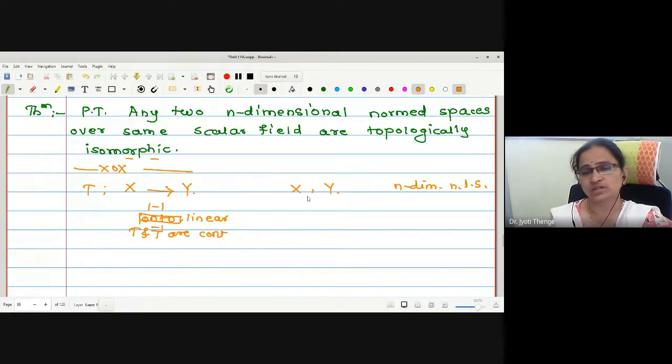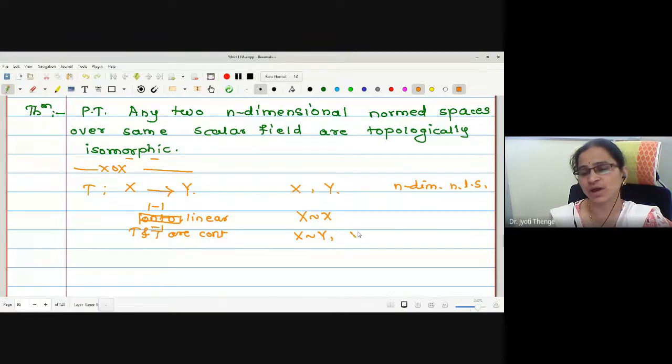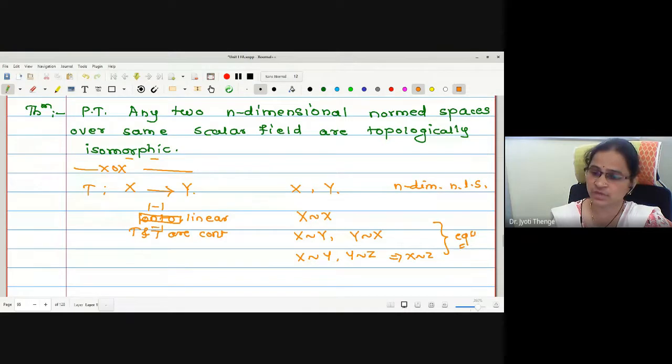what is an equivalence relation? Topological isomorphism: may I say every space is topologically isomorphic with itself? Yes. X topologically isomorphic with Y implies Y topologically isomorphic with X. X topologically isomorphic with Y and Y topologically isomorphic with Z implies X topologically isomorphic with Z. With this, one can say topological isomorphism is an equivalence relation.